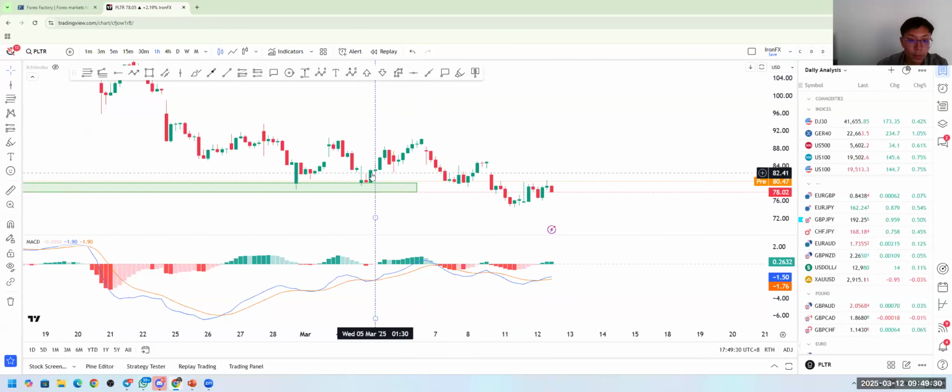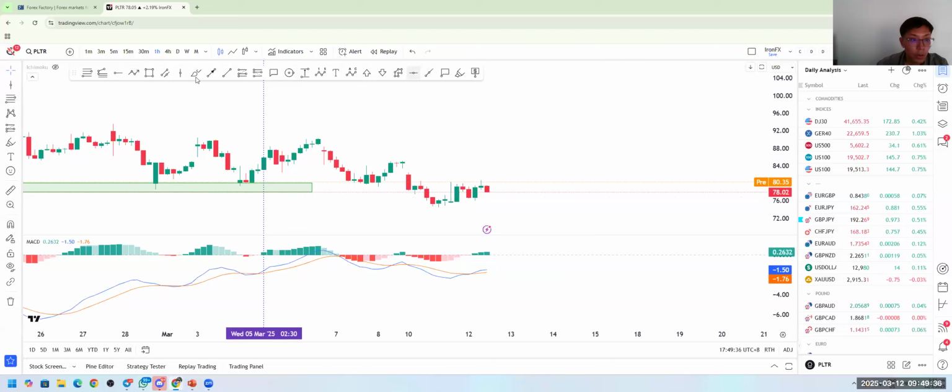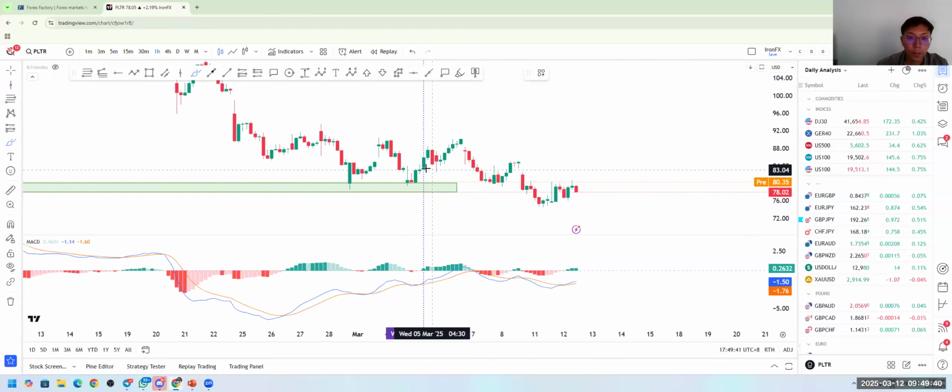You can see how it closes above this demand zone, right? Then we have the crossover right here. This is why I say sometimes MACD is a lagging indicator. It had to form three candles before it has the crossover, and if it formed three candles already, price is already at 85. You couldn't catch the one at 79.85, right?